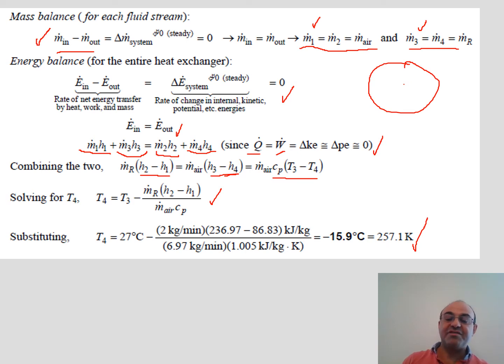The temperature of the air at the exit is quite low, and I don't know why someone would need a temperature of minus 15. The reason is that the inlet temperature was like 27. It's like if you turn your air conditioner on in the winter, or you turn it on when it's not needed.